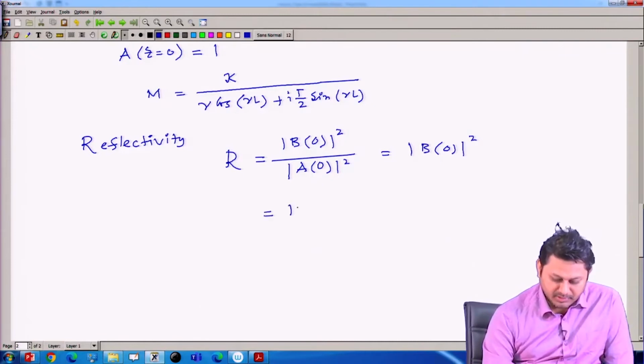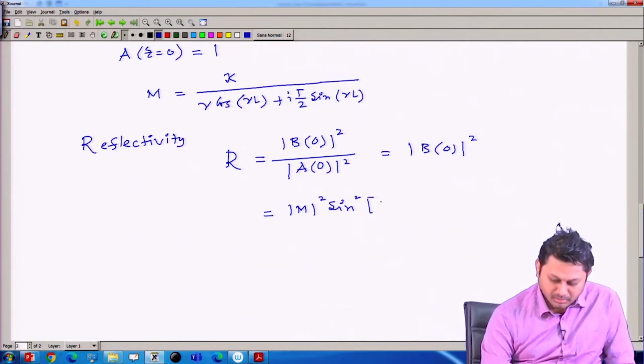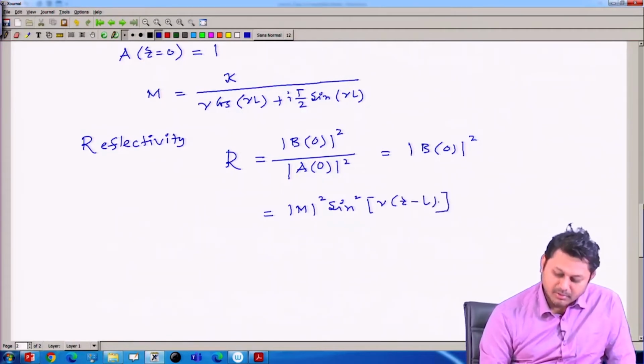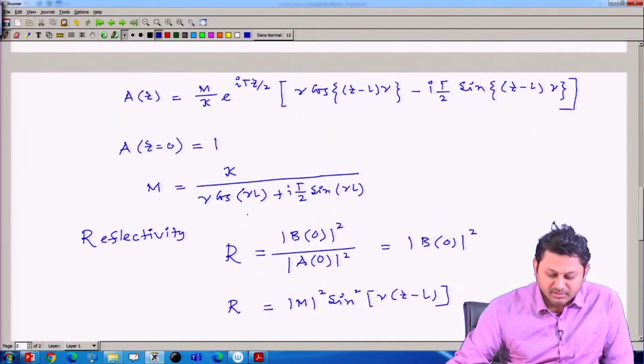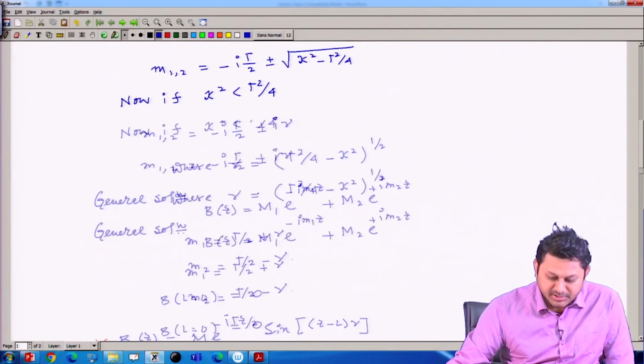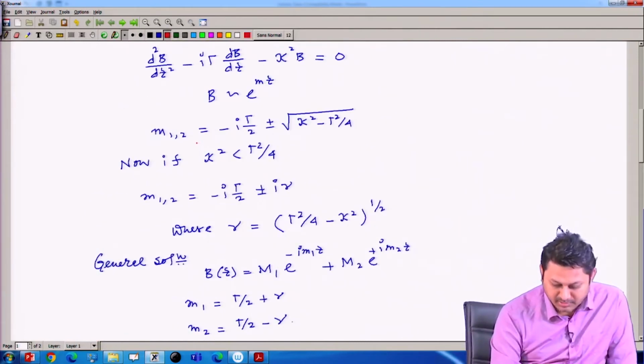That value is simply mod of m square, and then sine square gamma z minus L. So, that is the value of the reflectivity I calculate under the condition that I am considering right now.